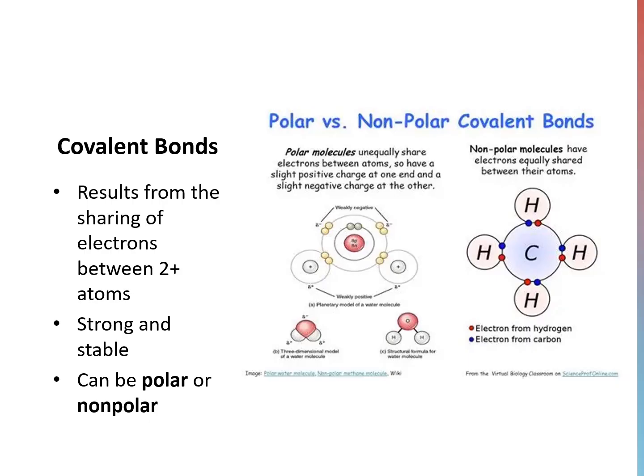Water is an example of a polar covalent bonded molecule because the oxygen side actually has a different charge, negative, than the hydrogen sides, because you have two sides, hydrogen here and hydrogen here, which are positively charged. And it has to do with the fact that these electrons are traveling a million miles an hour, and sometimes all of them are going to be found in one place and only some of them at another time. And so it's an uneven sharing.